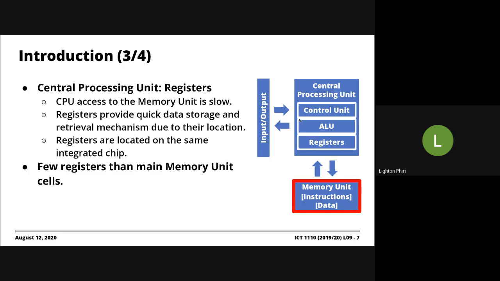What do you do to make that process much faster? You have faster memory components on the CPU, so-called registers. Registers provide you with quick access to storage, but because of the form factor of the CPU itself, you have very few registers on the CPU.